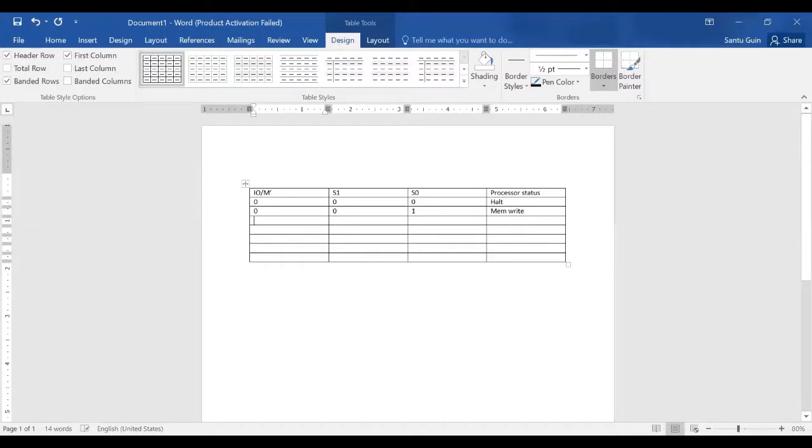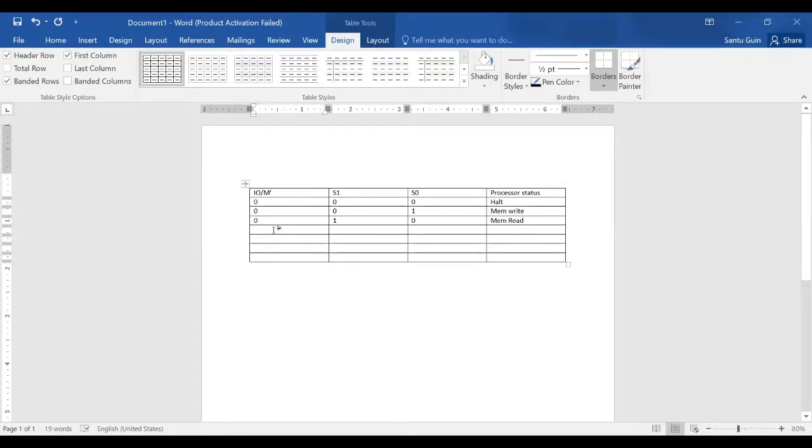For the next combination, 0, 1, 0: the IO/M bar is 0, S1 is 1, S0 is 0, and this is the memory read signal, or memory read operation.